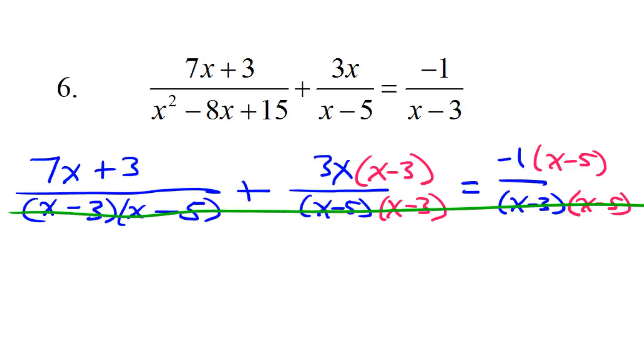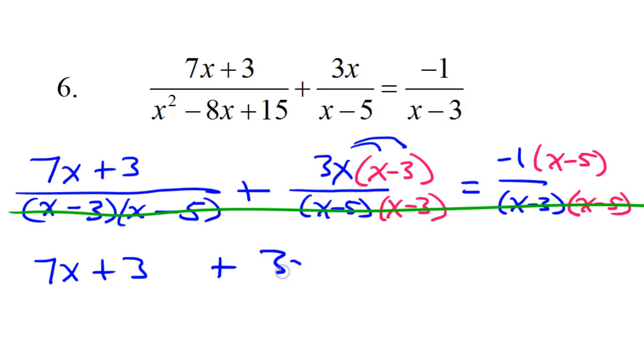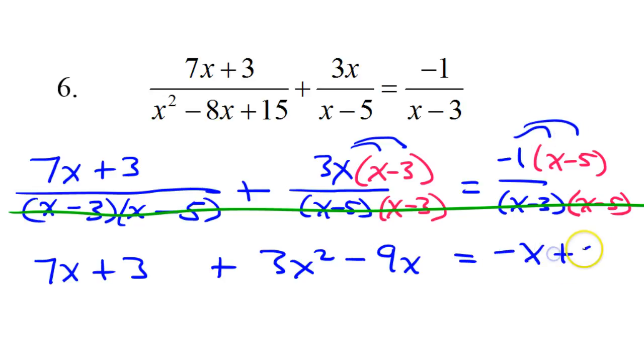So at that point, just looking at all my numerators, I've got 7x plus 3 plus, now I'm going to go ahead and distribute this. 3x times x is 3x squared. 3x times negative 3 is negative 9x. I'm going to distribute this too, so that'll be negative x plus 5.